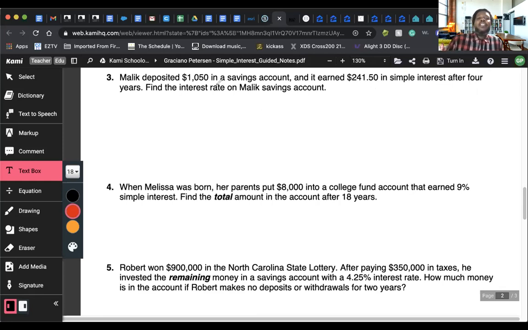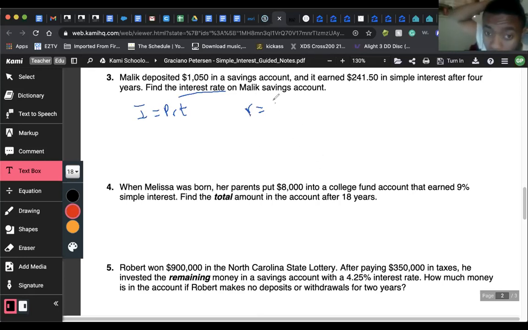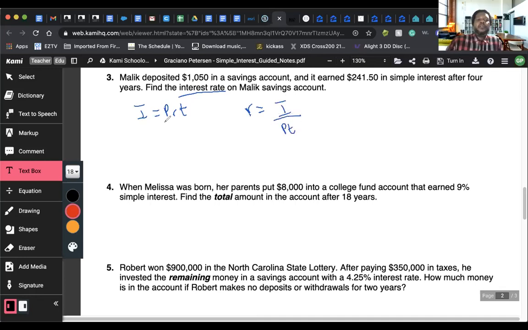Let's find the interest rate on Malik's savings account, right? So we have to change our formula from I equals PRT to what? R equals I over PT then. Yeah, I over PT, right? We just have to divide the PT out on both sides. We have I over PT.